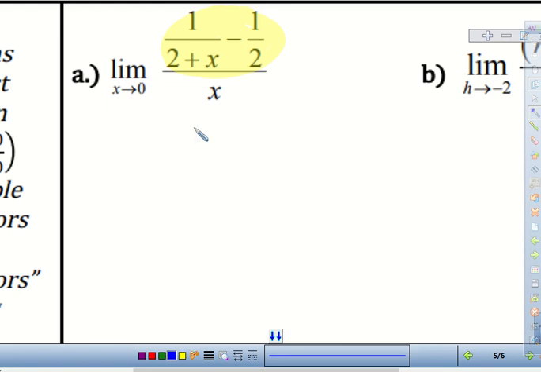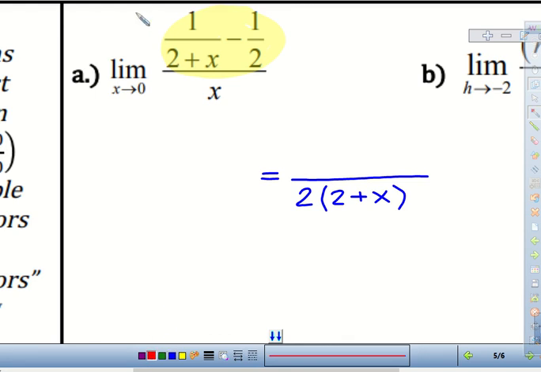There's no GCF to be taken out or anything like that. So when that's the case, you're going to have to multiply each fraction by the denominator of the other one. So basically, I know that my common denominator is going to become 2 times 2 plus x. And I just have to be able to get it there. It's going to be the product of the two existing denominators.